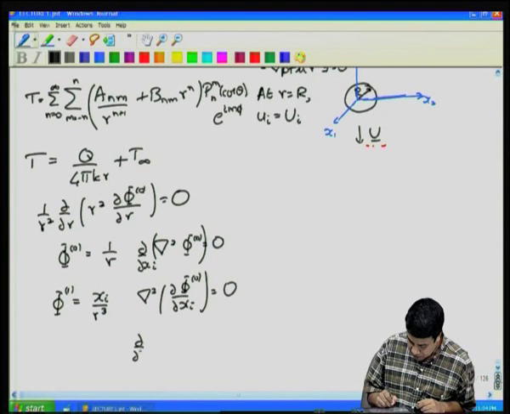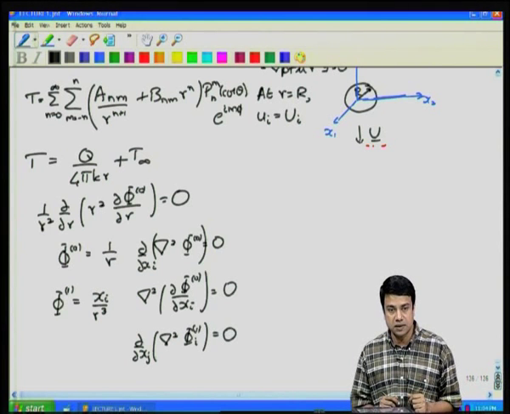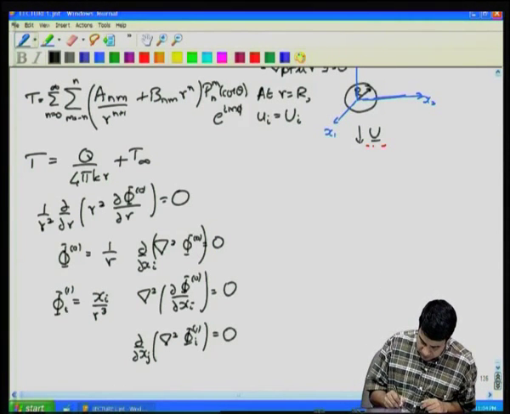So, partial by partial x j of del square phi 1 I is equal to 0. So, partial by partial x j of phi 1 I also satisfies the Laplace equation. Okay. Put an I here.